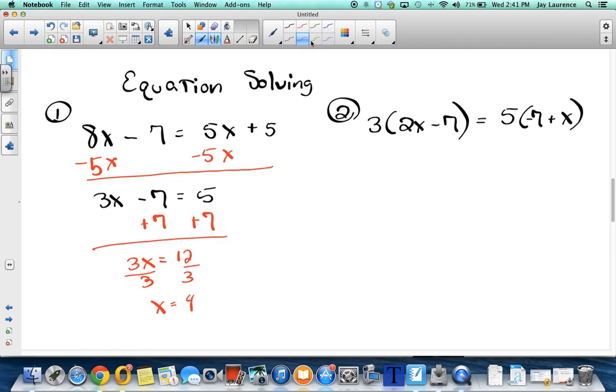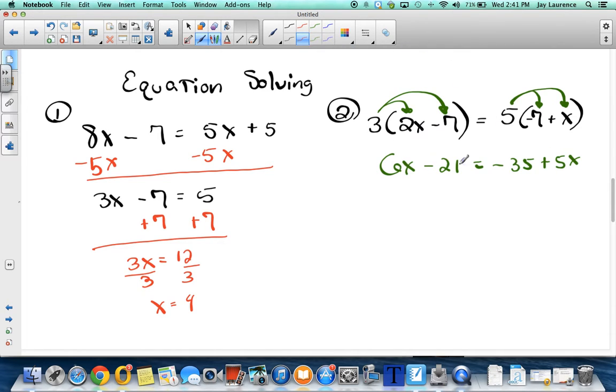Okay, on the second problem here, I'm going to distribute the 3. And of course, I'm going to distribute the 5 over on the other side. When I do that, I'll get 6x minus 21 equals -35 plus 5x. Looks like the last problem.